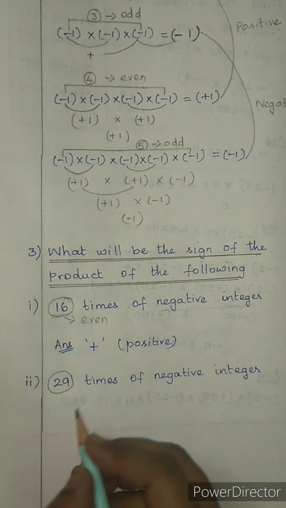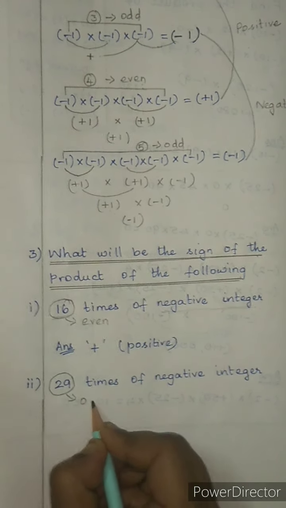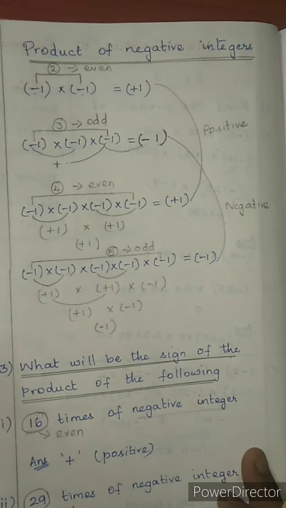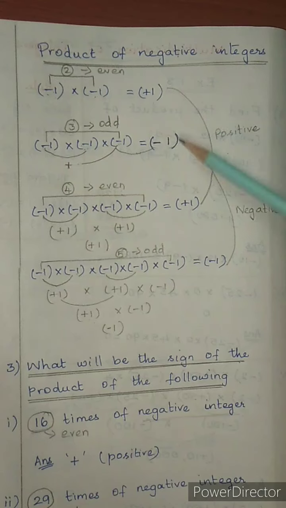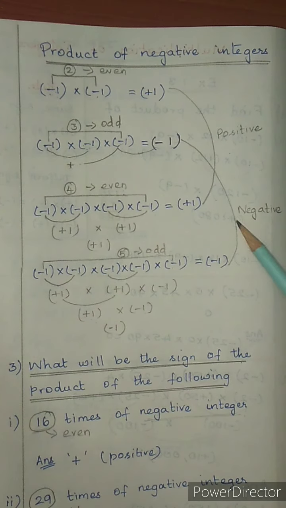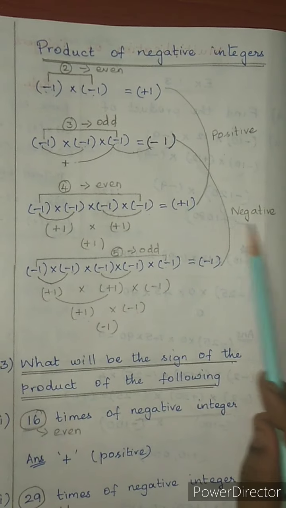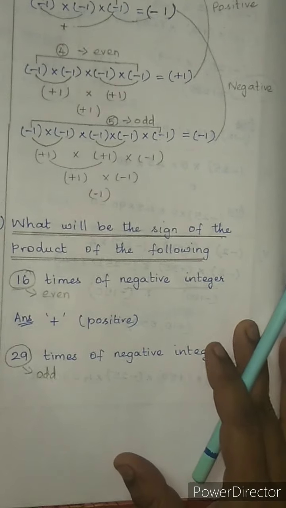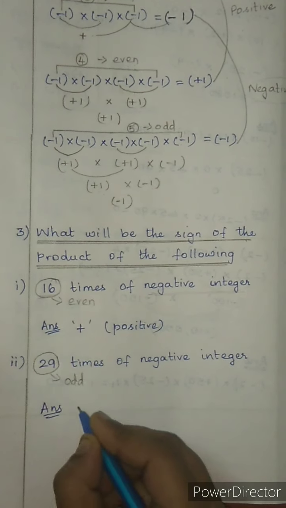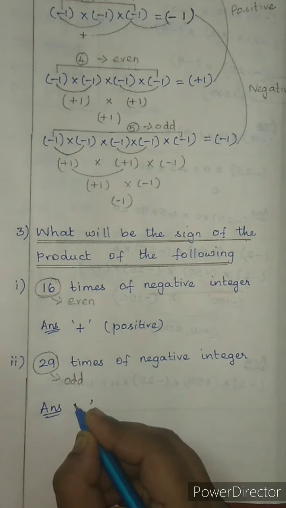So, it is an odd number. And we know that when a negative integer is multiplied an odd number of times, the product remains negative. So, here the answer is minus, that is negative.